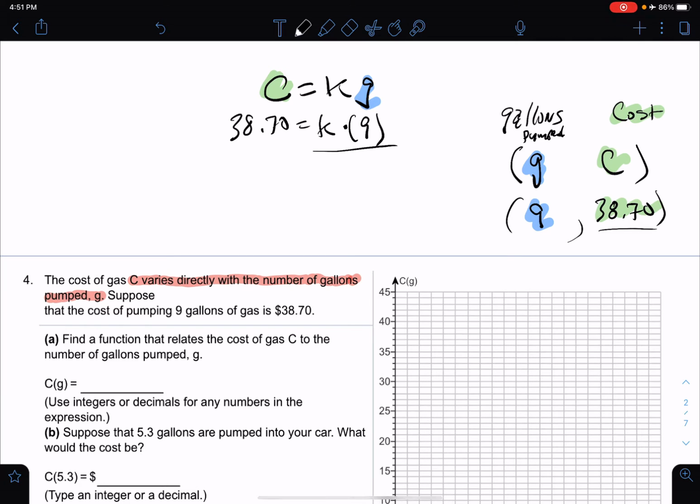So if we want to solve this, we just divide by 9 on both sides. And we get k equals 38.7 divided by 9, which is 4.3. Yeah, it's 4.3.